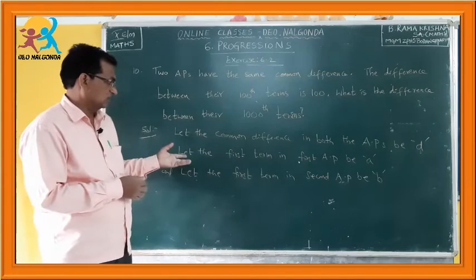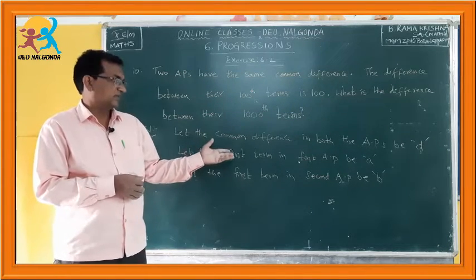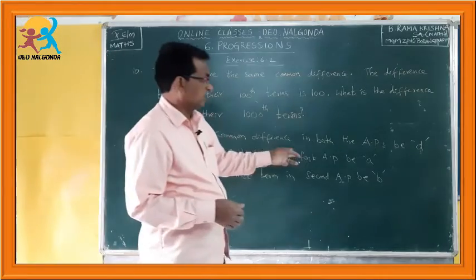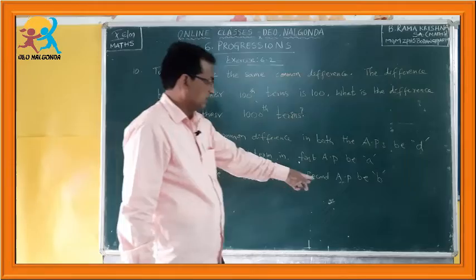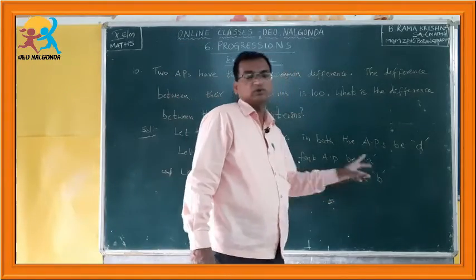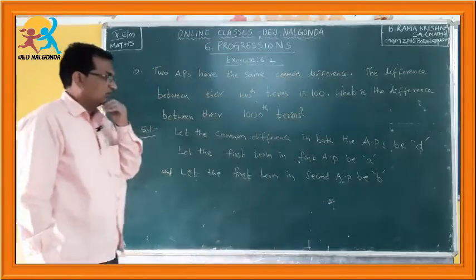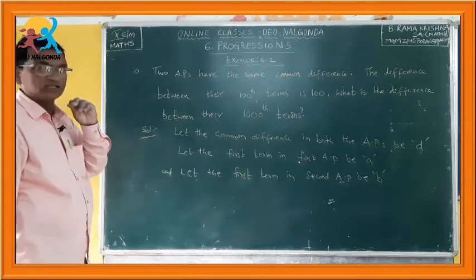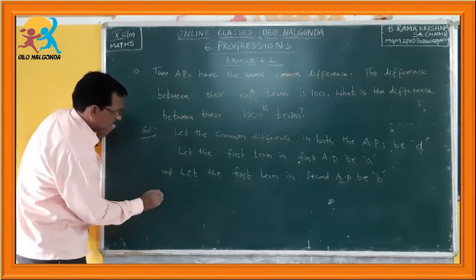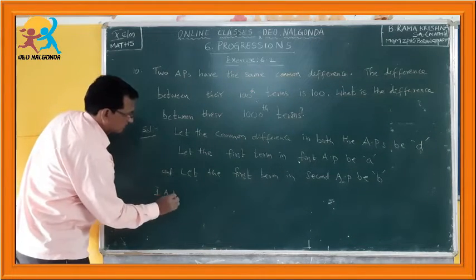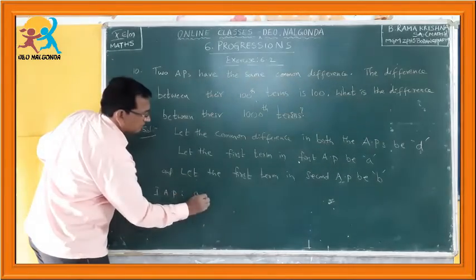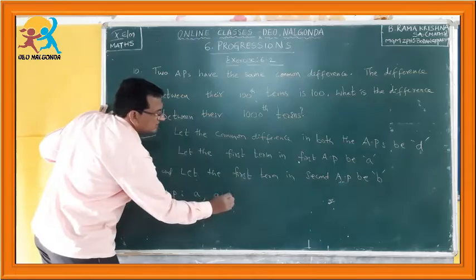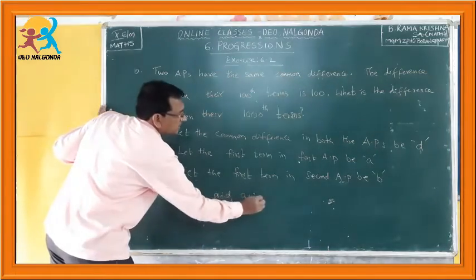So I am assuming that the first term in the first AP is small a and the first term in the second AP is small b. Now what will the APs be? The first AP can be written like this: A, A plus D, A plus 2D, like that.